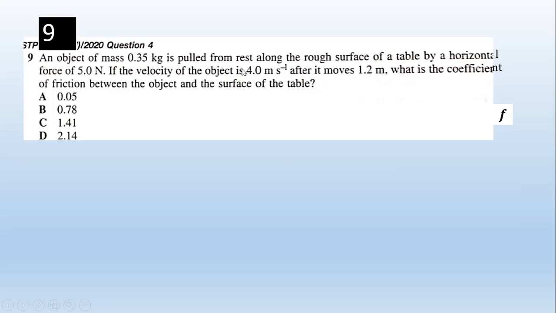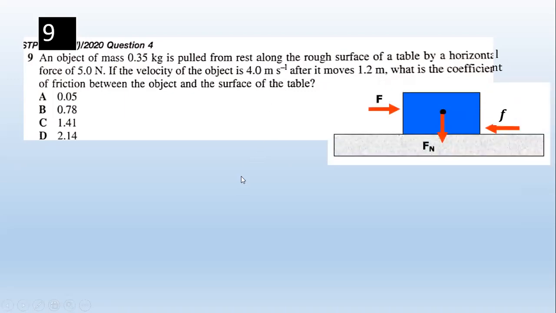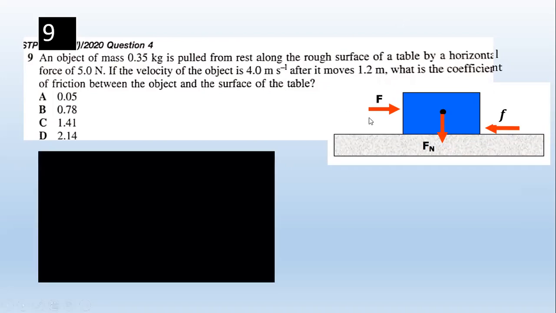If the velocity of the object is 4.0 meter per second after it moves 1.2 meter, what is the coefficient of friction between the object and the surface of the table? Right? Well, I'll draw a picture on the paper itself so that you know pictorially how it works. That's the applied force. That's the frictional force. That's your weight.